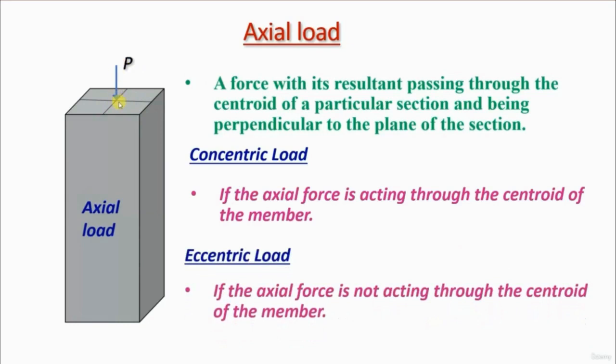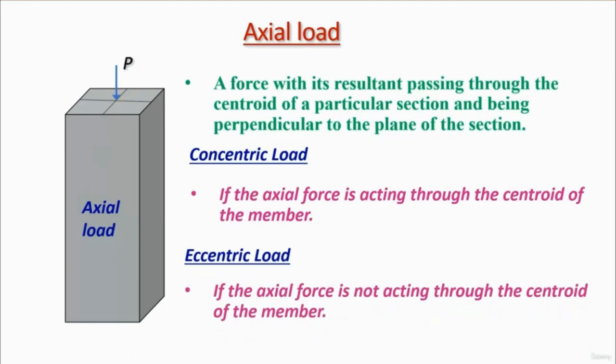If the axial force is acting through the center of the member, then it is called a concentric load. If the axial force is not acting through the center of the member, then it is called an eccentric load. That means the load will act some distance from the centroid of the member. So in that case, it becomes eccentric.